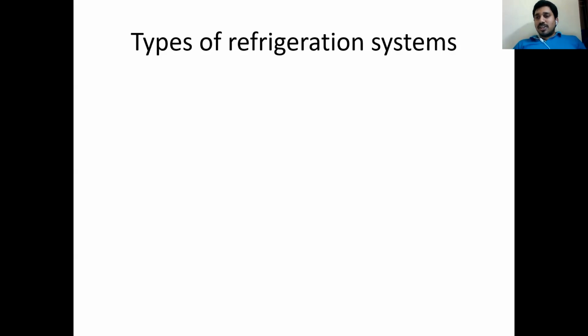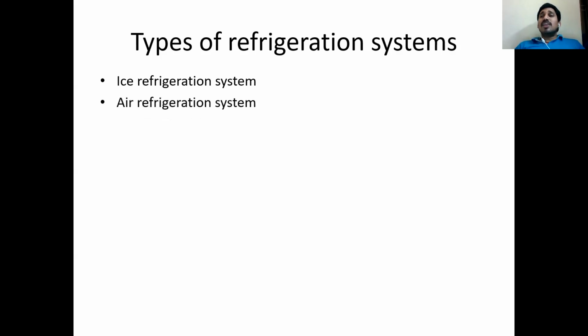The first one is the ice refrigeration system: using ice, how can we maintain a cooled space, a refrigerated space? We'll discuss it with the help of this system. Next one, the air refrigeration system: using air as refrigerant, how can we maintain a cooled space?